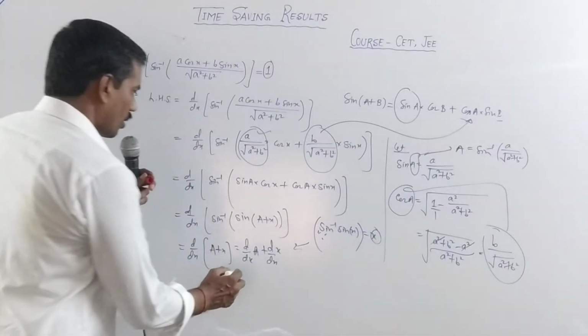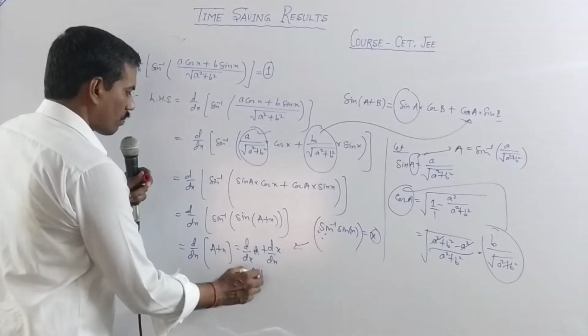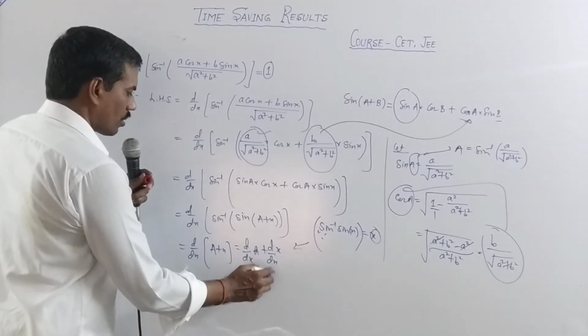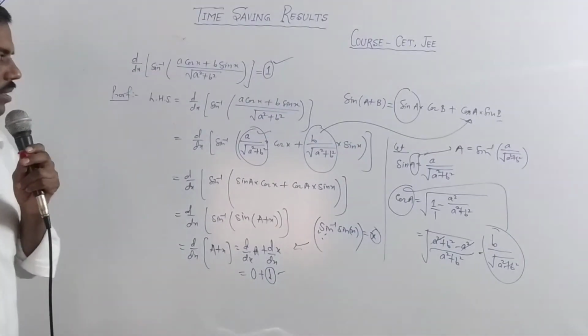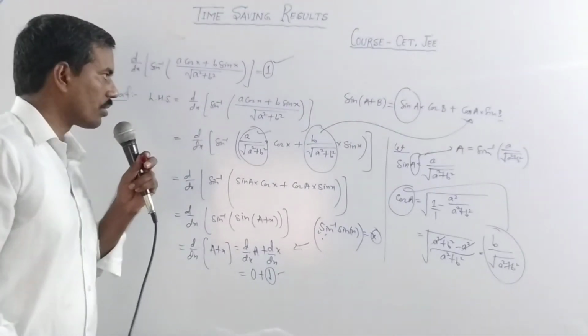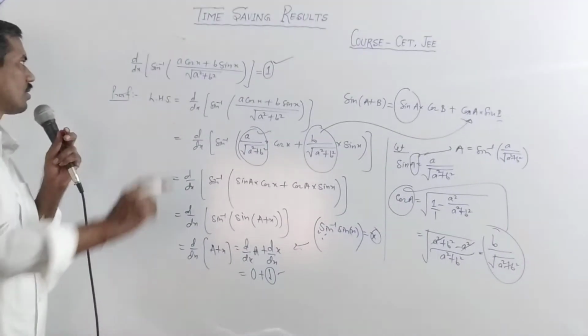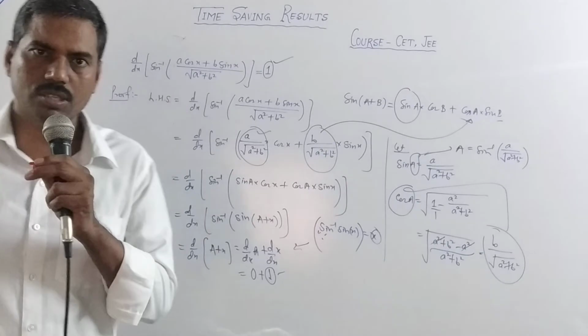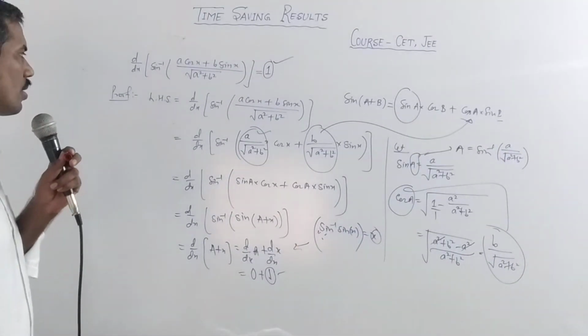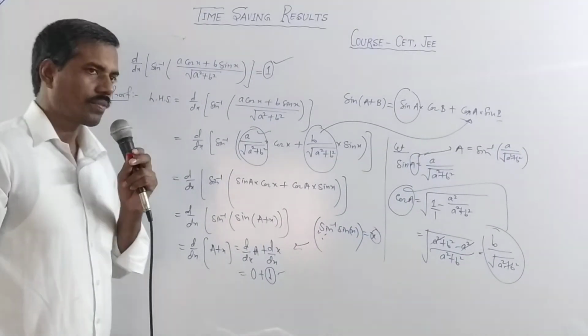So this is equal to 0 plus the derivative of x, which is 1, so our result is 1. In this way, the derivative of sine inverse of (a cos x plus b sine x) divided by under root of a square plus b square is equal to 1.